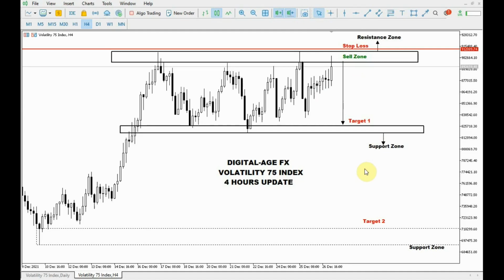This will be part of our mentorship program for our VIP members. They'll get this type of mentorship with us, where we can discuss one-on-one with them and see where they're having a problem, what's making them enter early, what's making them lose their trades.